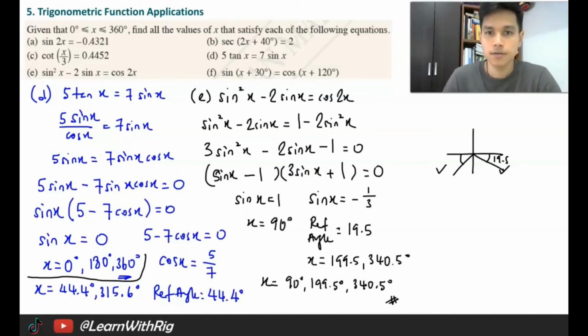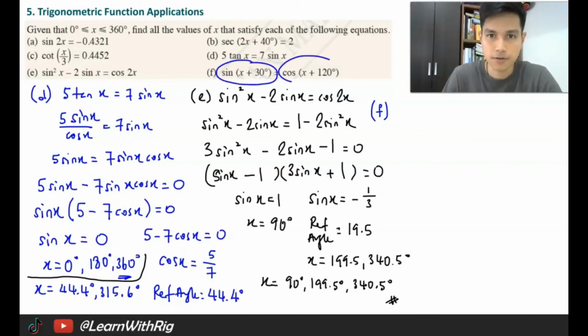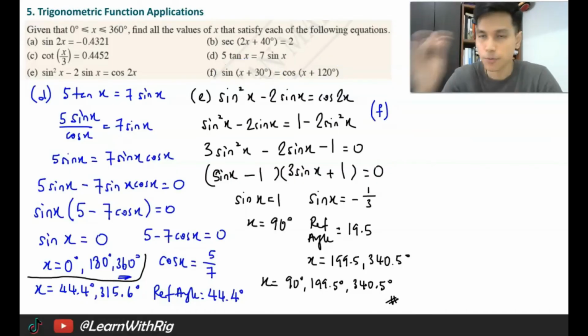Clear? Alright. Okay, last question for this part. Question F. So this one is what? Addition formula, right? So what we're going to do is we're going to straight away expand it.